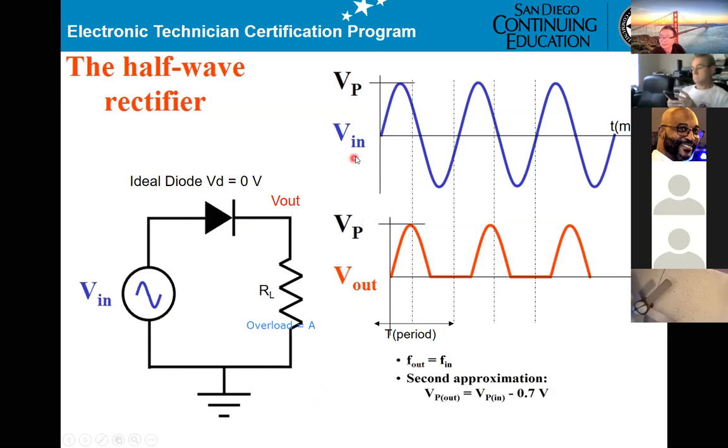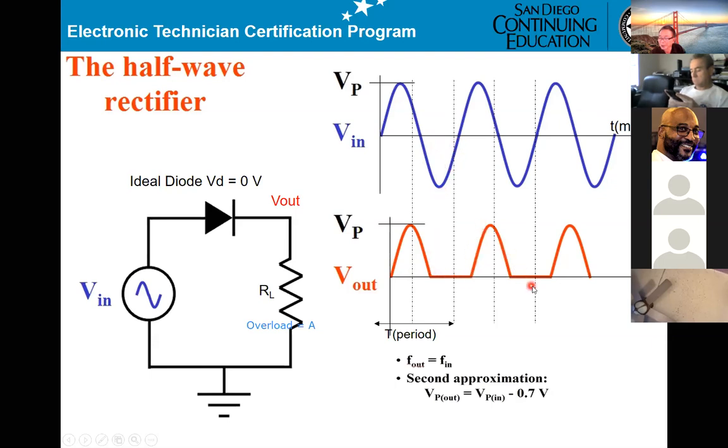Now, if you apply a sine wave as input, when you get a positive input, you turn on the diode. So the output will be a copy of what you get at the input. When you get to the negative part, the diode will be off, so you get a 0.